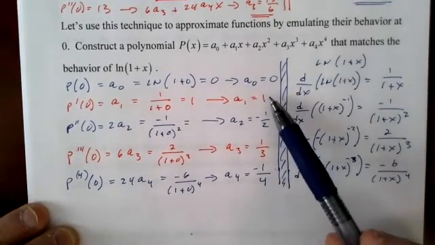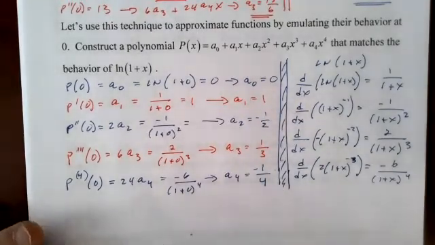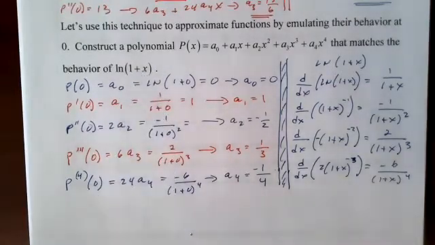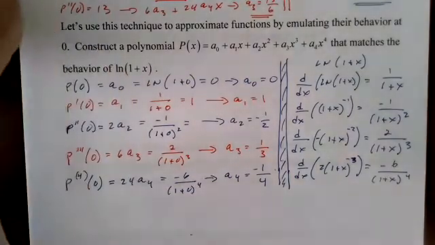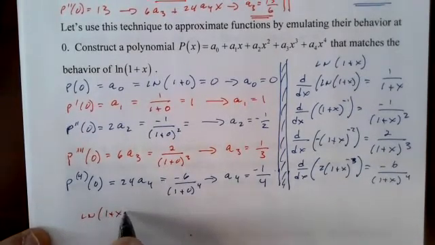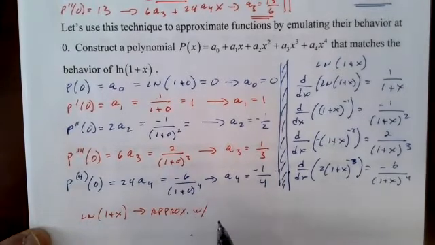0, 1, negative 1/2, positive 1/3, negative 1/4. I bet I could write out the entire thing for ln of 1 plus x. We have only said, let's just do this many terms. So ln of 1 plus x approximated with a fourth order polynomial.